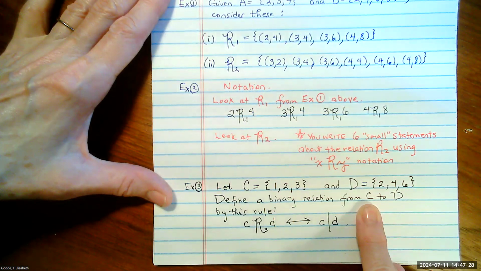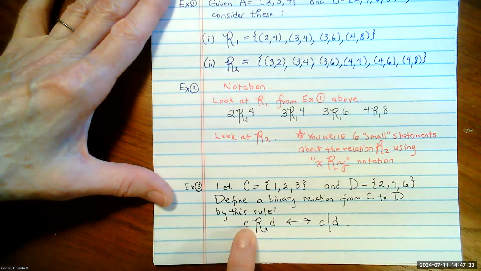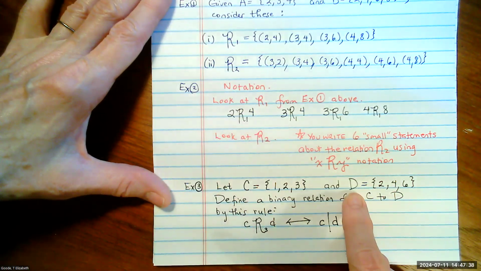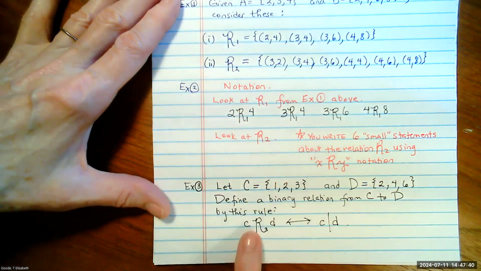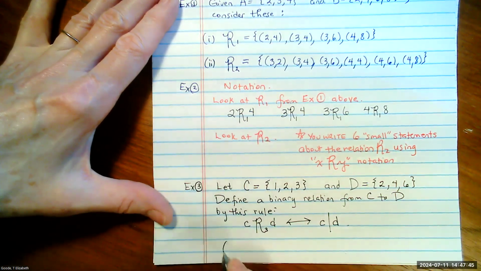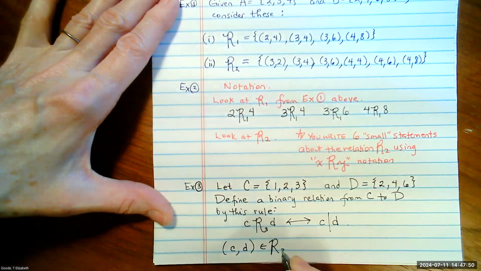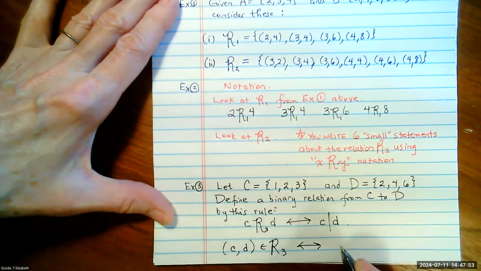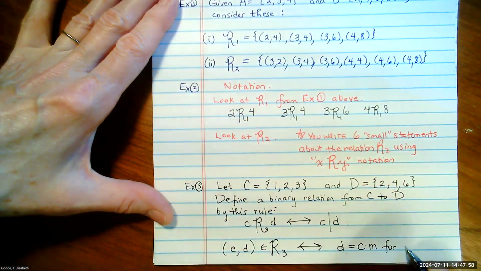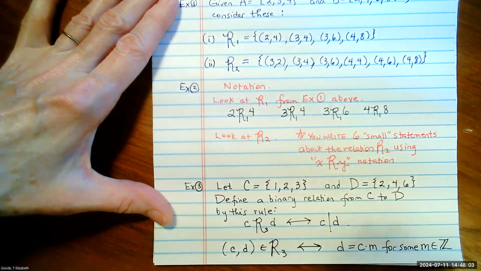Now this is a binary relation from set C to set D. Element little c is understood to come from set C, of course. Element little d comes from set D, big D. And the relation is, hey, we're going to make an ordered pair (c, d) and put that in this relation, R3, if and only if d is equal to c times m for some m that, of course, is an integer, right?